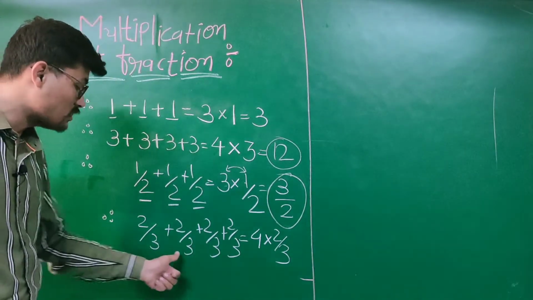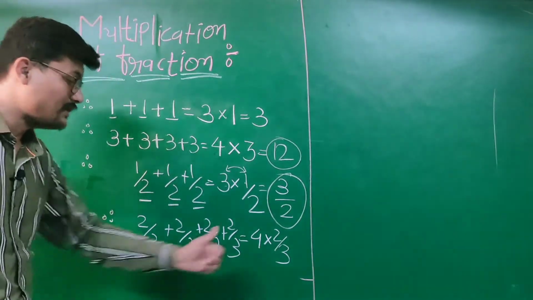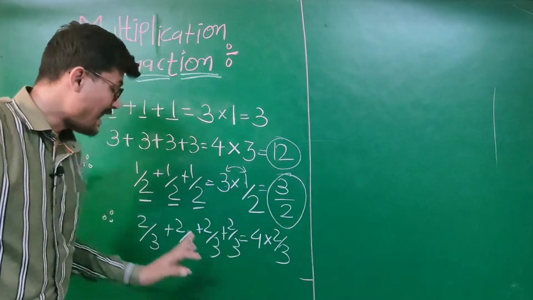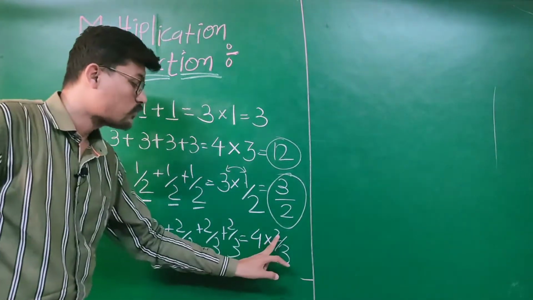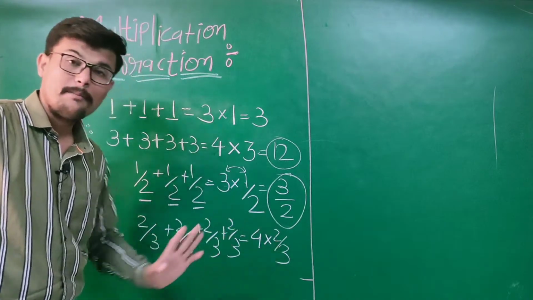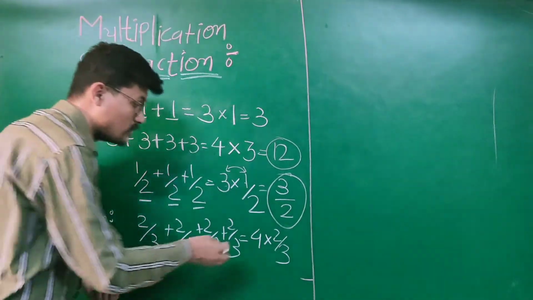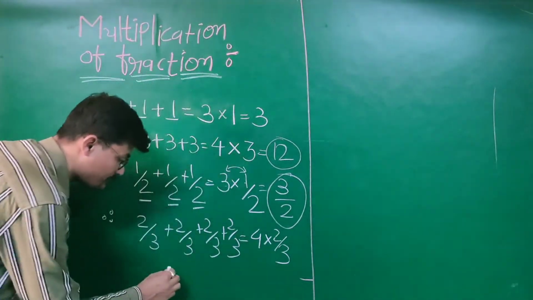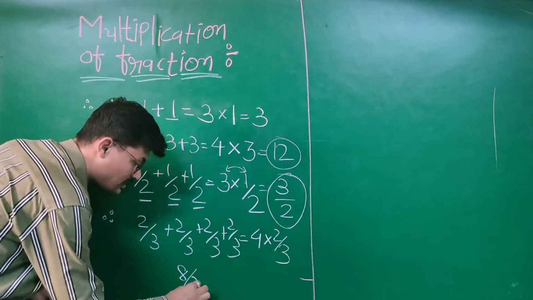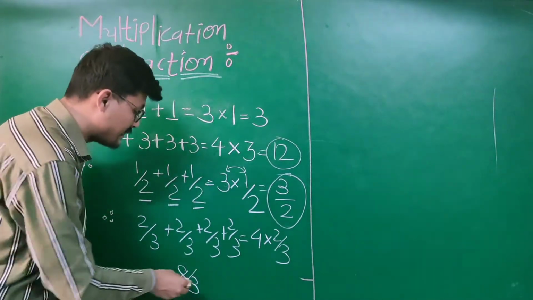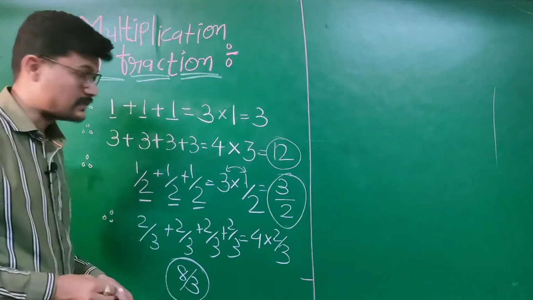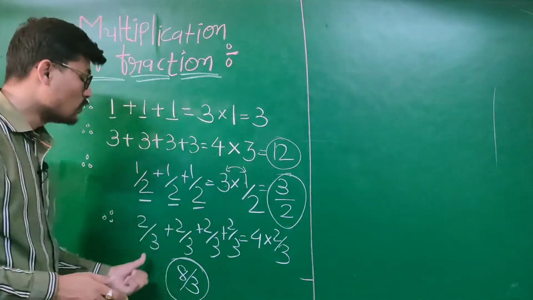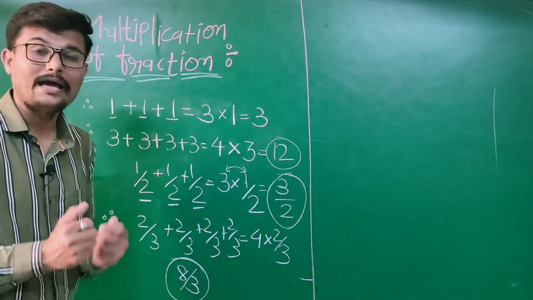How many times? 1 2 3 and 4 times. So simply I write here 4 and which number we have? 2/3. So I'll put it here in a multiplication form 2/3. So 2 4s are 8 upon 3 as it is. This is our answer.